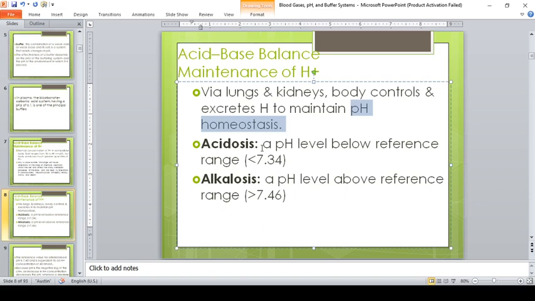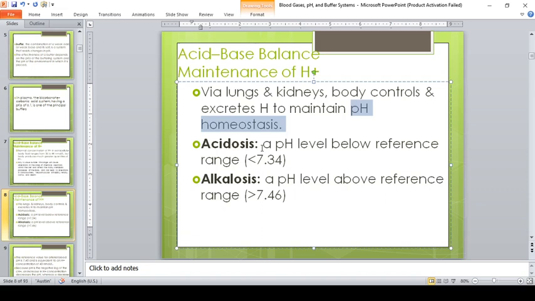So, that is 7.35 to 7.45. So, kapag mas mababa na siya sa 7.35, kasama na doon yung 7.34, that is classified as acidosis. Pero pag mas mataas na siya sa 7.45, that is known as alkalosis.